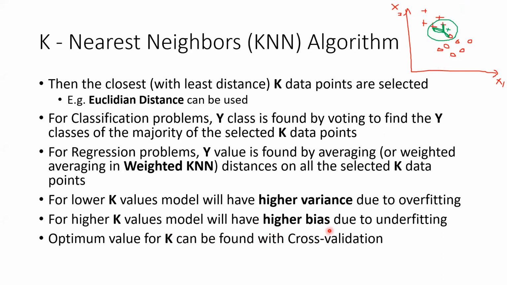In that case, it would have low variance but higher bias. Like we mentioned earlier, this is a trade-off that you have to manage. So you have to find the best k value. One of the best ways to find the k value is using cross validation, right?